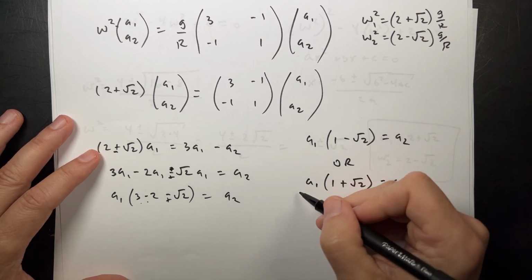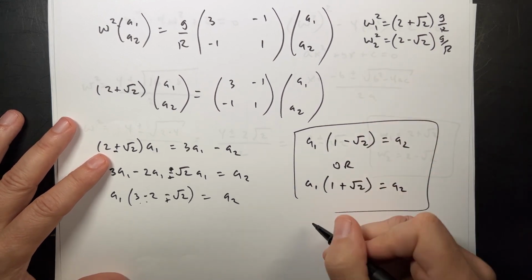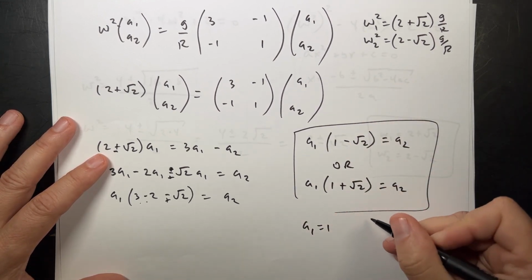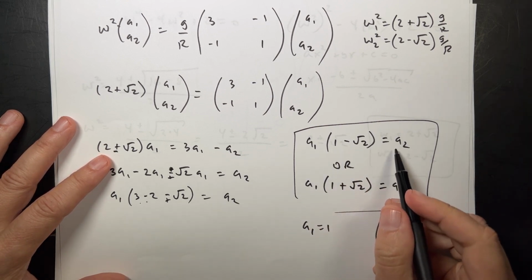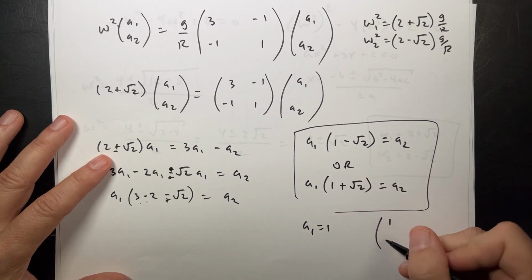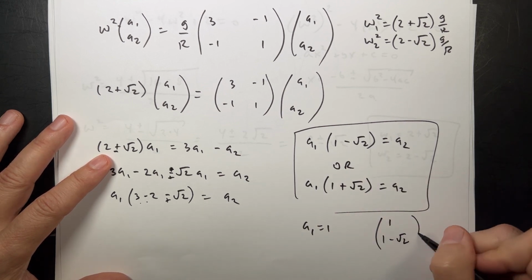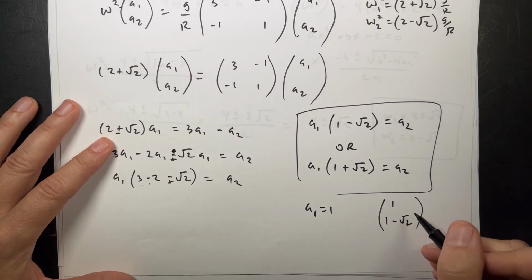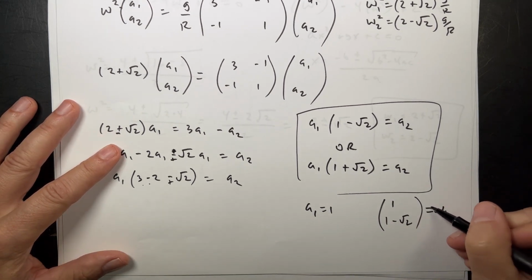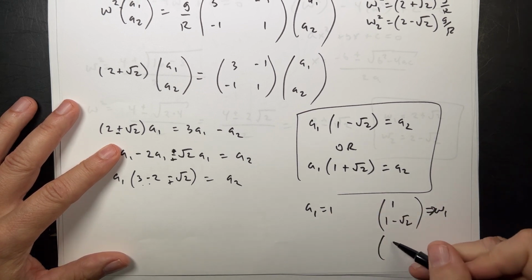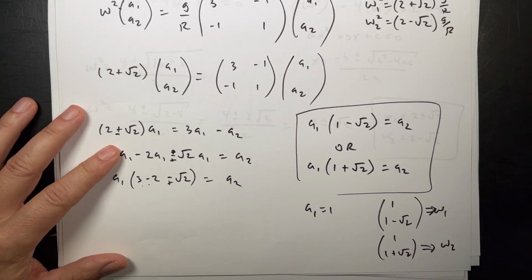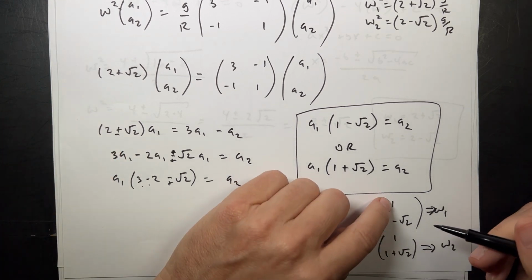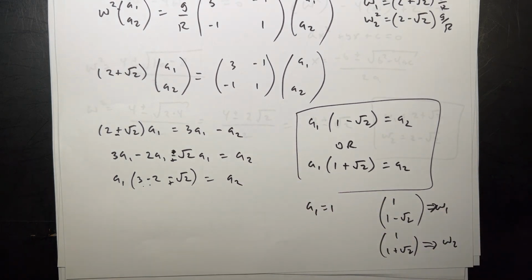So these are my eigenvectors, because now I can say, if A1 equals 1, then I get the initial conditions vector of 1, and A2 would be 1 minus the square root of 2. So this is omega 1. And the other one would be 1 plus the square root of 2, and that's omega 2. So this is my initial conditions for x1, x2, not theta 1, theta 2.